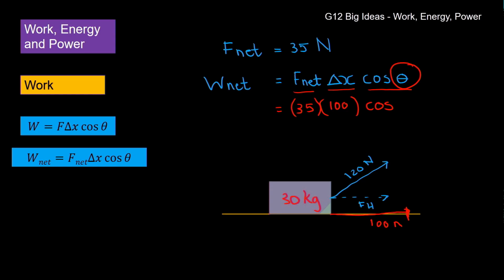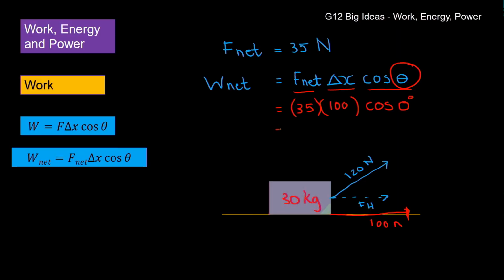The difference is 0. So that's what we have to write here. The angle between the net force and the direction of the displacement. So the direction of displacement and the net force are in the same direction. There is no difference in that degree. So it is naught.